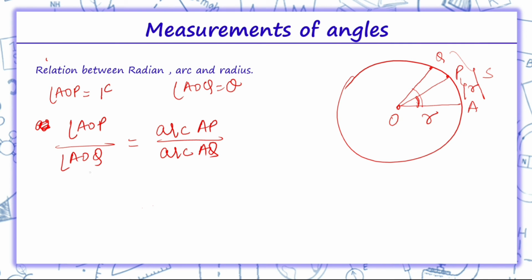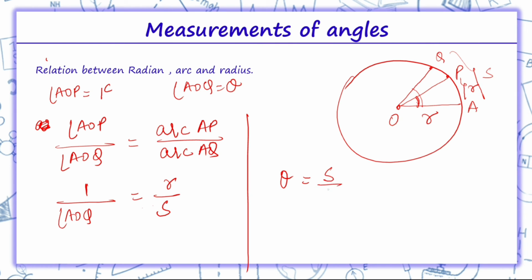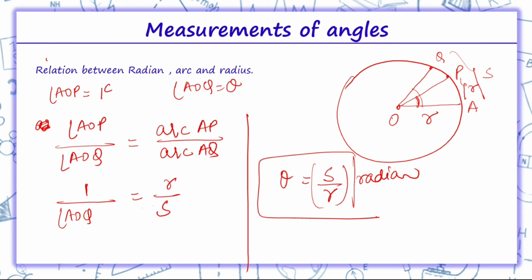Angle AOP is 1 radian, arc AP is the radius and arc AQ is the length of the arc, S. So angle AOQ, that is theta, is given by S upon R, in radians. This is the relation between angle, arc and radius.